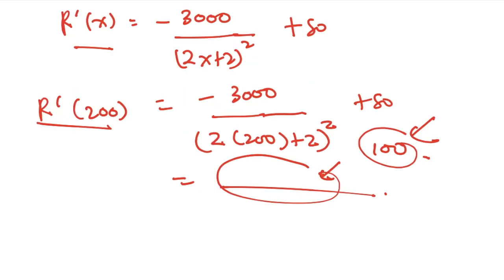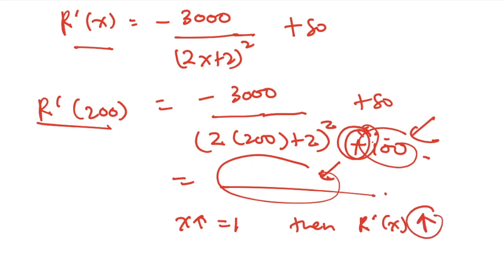So here, how do you interpret the answer? Let's say the answer is 100. If you see the value 100, it means positive sign, isn't it? So that means if x increases by 1, then r prime x increases. Why increases? Because of the positive sign, positive 100.